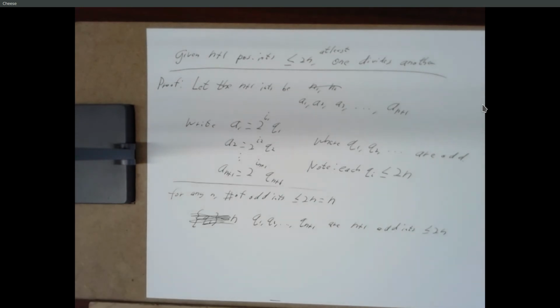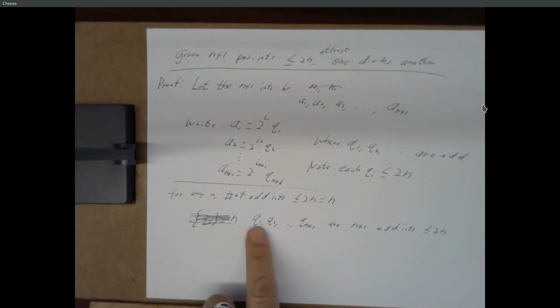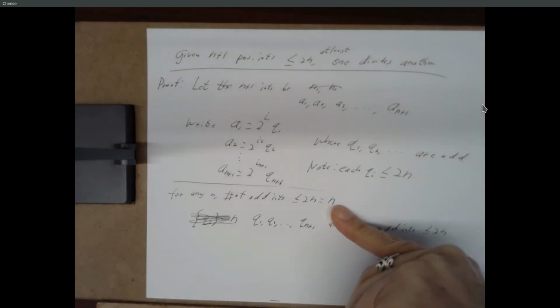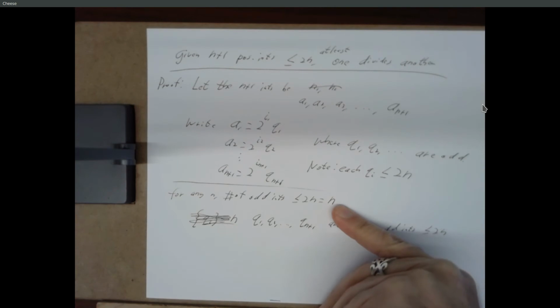So this is where we throw in the pigeonhole principle. How many odd integers are there less than or equal to 2n? There's n of them. So make yourself n containers and put each of these Qi into a container matching its value. Since we have n plus 1 objects going into n containers, at least one container has at least 2 things in it.